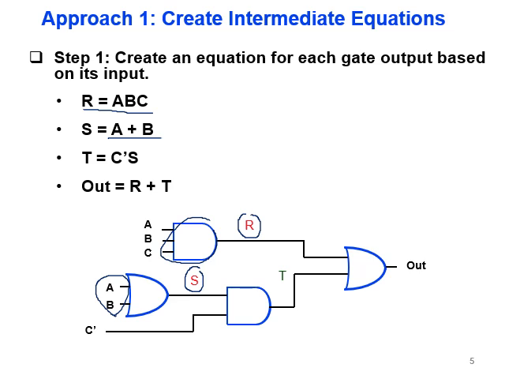And then T, which is the output of this AND gate, represents S and C dash. So we'll see T equals C dash S. Now the output of the whole logic circuit is directly R plus T. Done. You see? This is the second step.